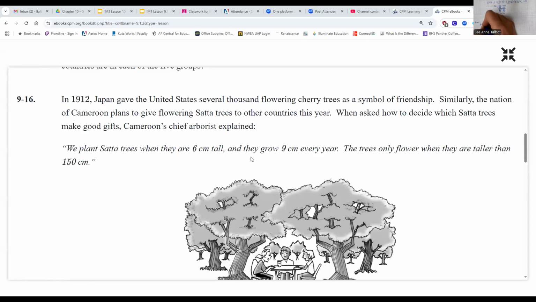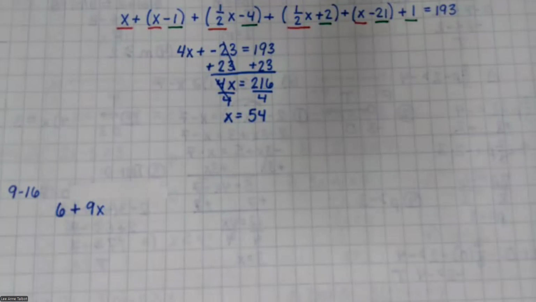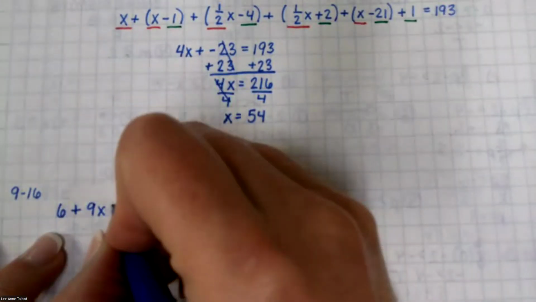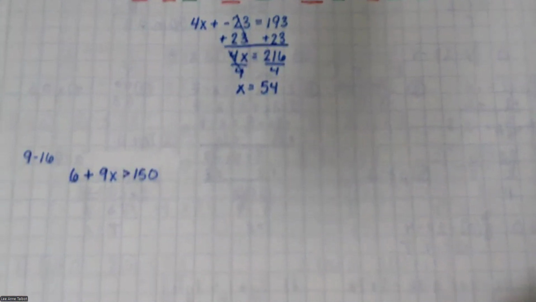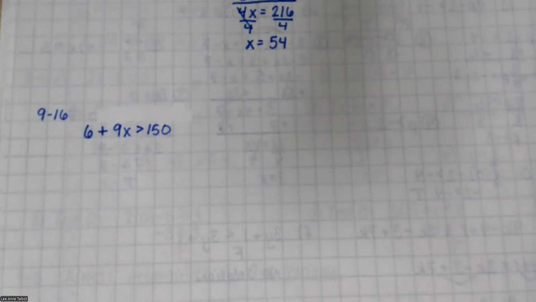Okay, so I'm going to put plus 9x. So the y-intercept is 6, and the slope is 9. And then the trees only flower when they are taller than 150. Which inequality symbol should we use for the word taller? Greater than. And if you forget which one is greater than, please have a look up at the crocodile posters on the wall.